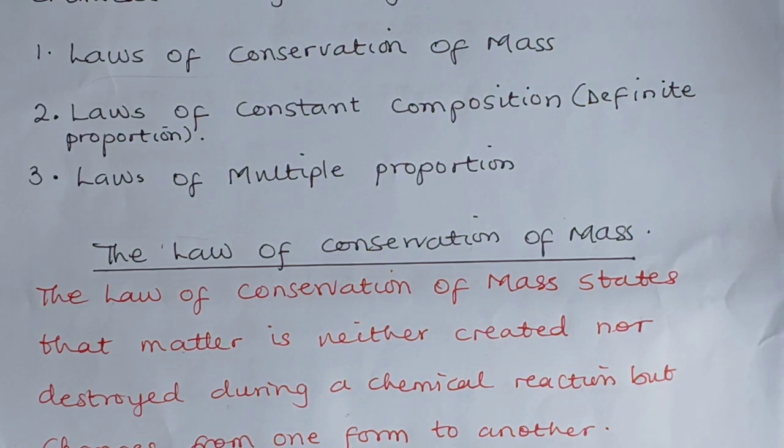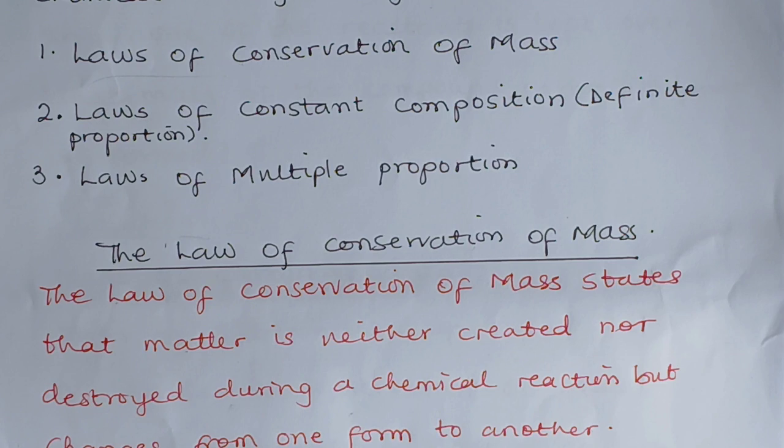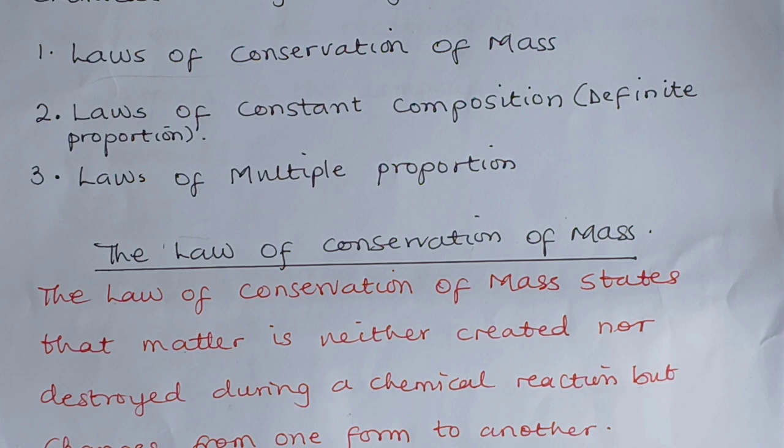And when these 2 reactants react together, they form products. So the reactant side and the product side must be equal. That is, the mass of the reactants must be equal to the mass of the products to prove this law, that matter is neither created nor destroyed during a chemical reaction.